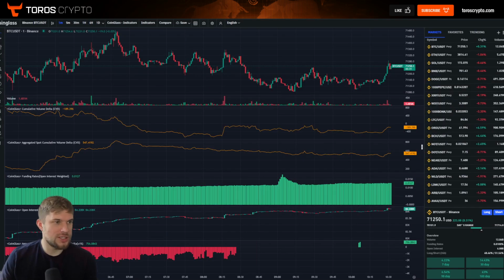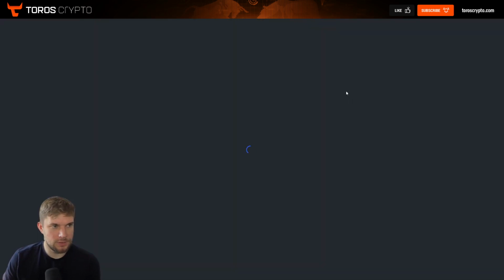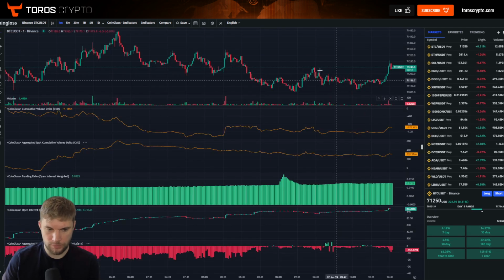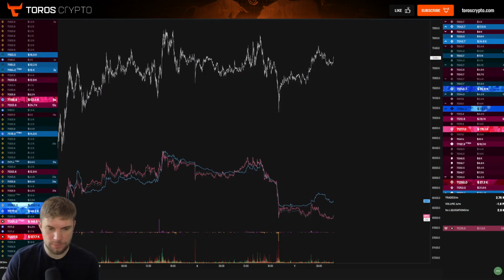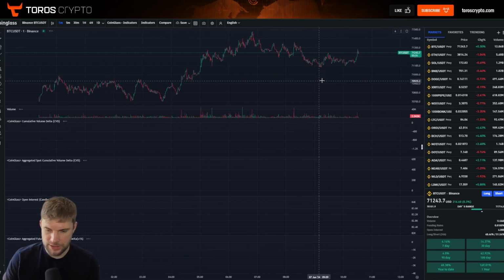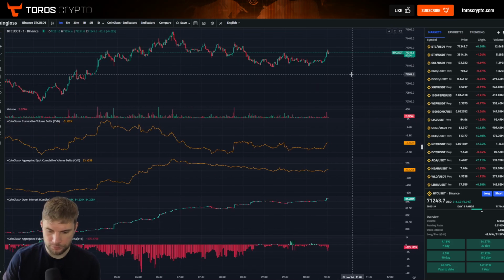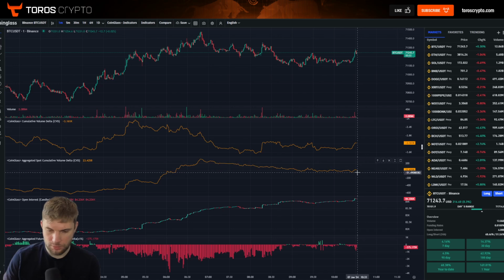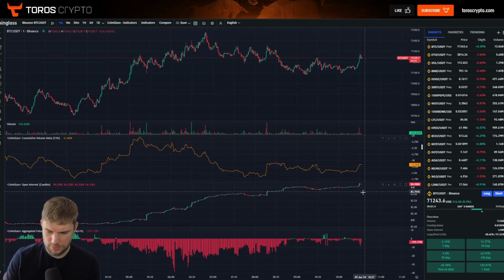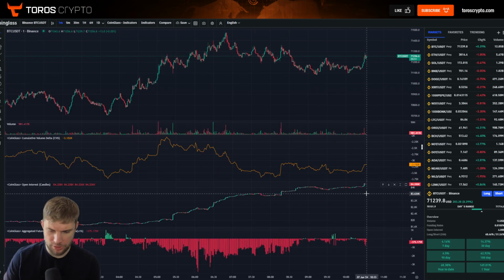We'll refresh this one, look at the open interest. I really wish Aggr had open interest. It'd be really, really good. OI is rising. I don't get why the spot CVD is like this on CoinGlass. But yeah, OI rising.